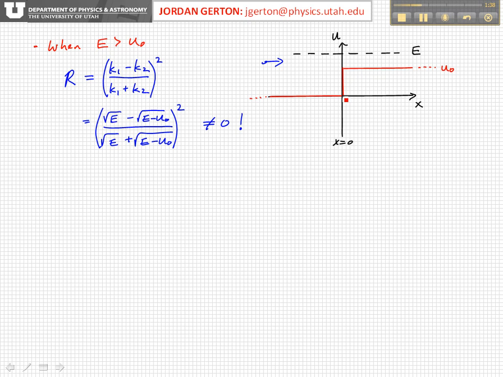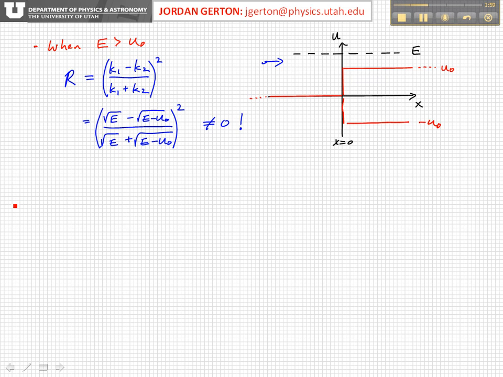So if we had a potential that looked like that, minus u naught, then we would replace u naught with minus u naught, and so these two terms would be different, but nonetheless, since there's a square here, we would still get a reflection coefficient which is different from zero.